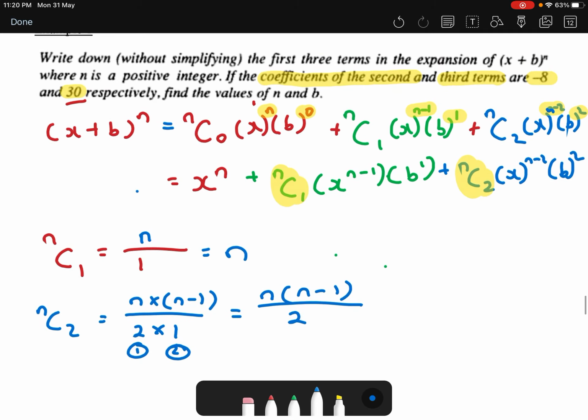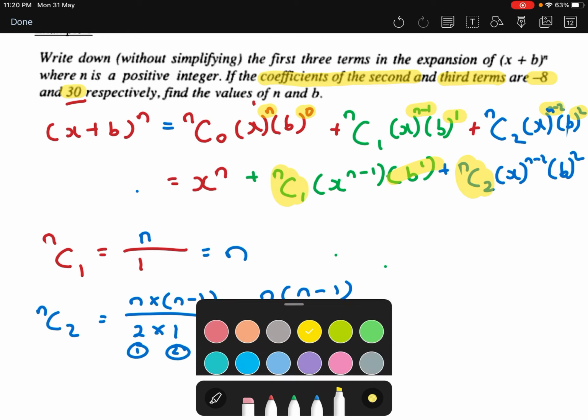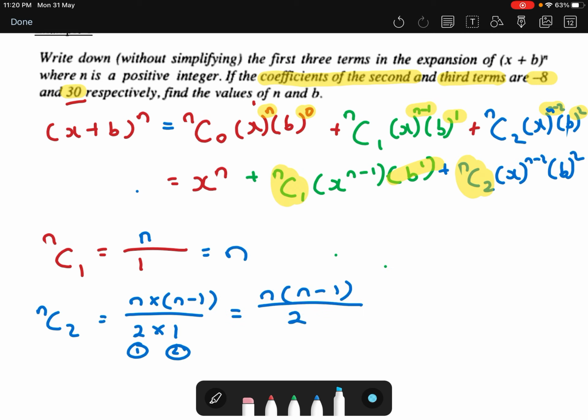Now we move on. The coefficient of the second term is negative 8. So let's take a look at where the coefficient is. The coefficient is this b and this n choose 1. We do not need to care about the x term because it is not a coefficient.